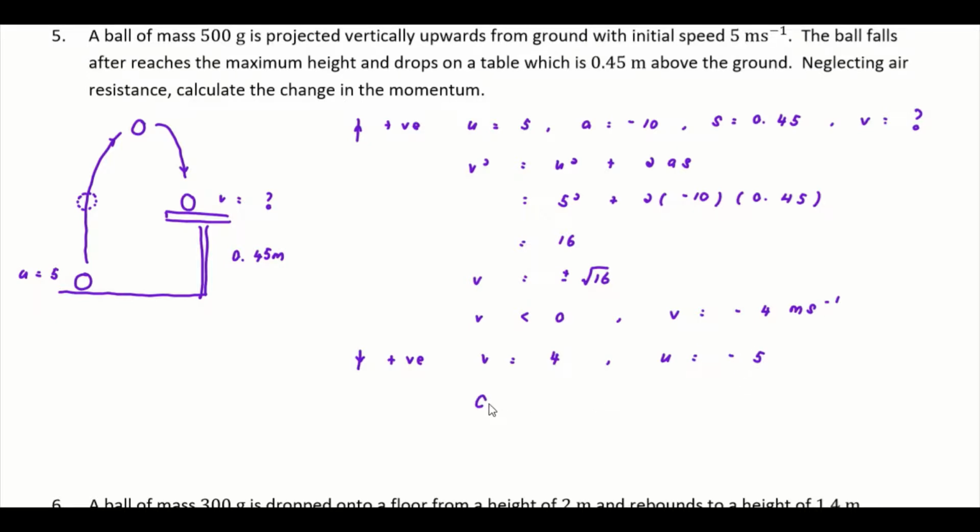From here, the change in p will be equal to the mass 0.5 times the final velocity 4 minus the initial velocity negative 5. So 0.5 multiplied by 9, we get 4.5 newton second.